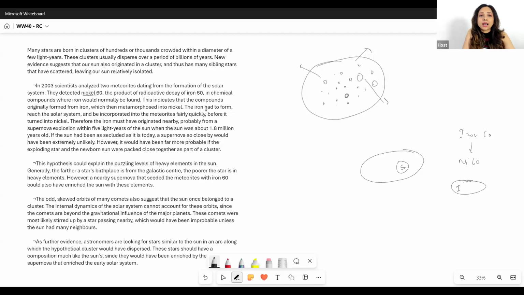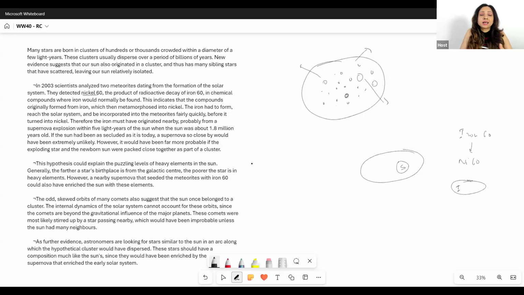Okay. The iron had to form, reach the solar system, and be incorporated into the meteorites to form these compounds in the meteorites, right? Fairly quickly before it turned into nickel. So, what does it tell me? Even though I don't really know it myself, it tells me that iron 60 has a short half-life, that very quickly, in terms of the life of the solar system, your iron 60 will degrade into nickel 60.